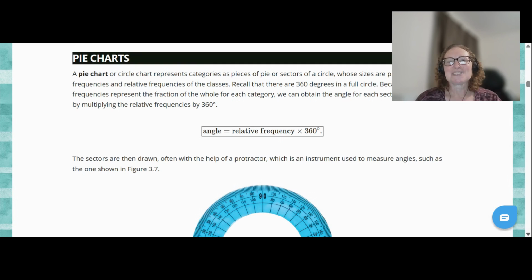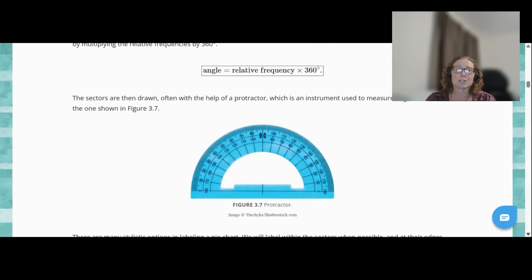We'll also talk about pie charts, and we've seen those before too. Remember, I talked about the part of the whole in chapter 2. When we look at pie charts, we can figure out the angle by multiplying the relative frequency by 360 degrees, which is the full circle of the pie chart, because circles equal 360.